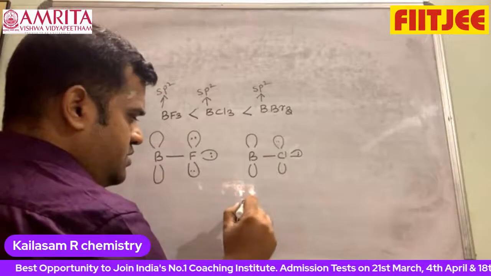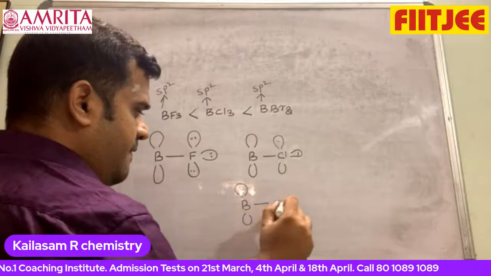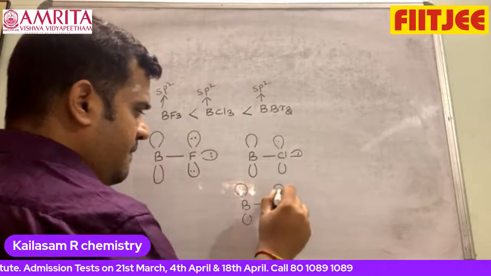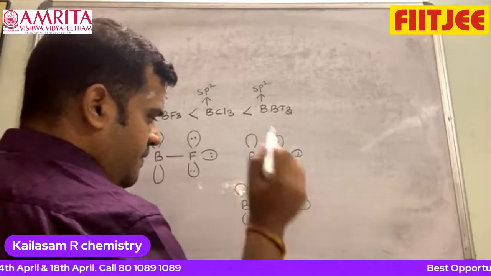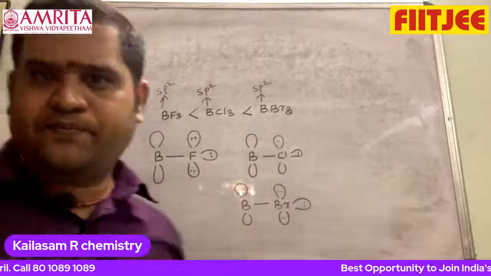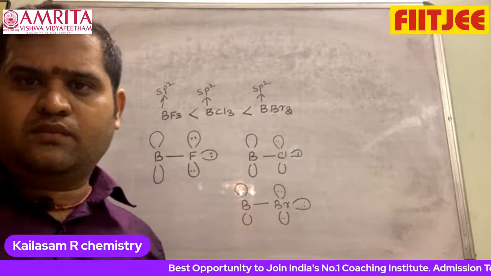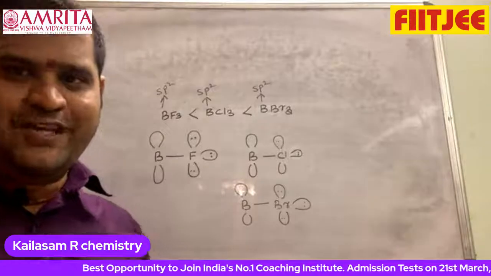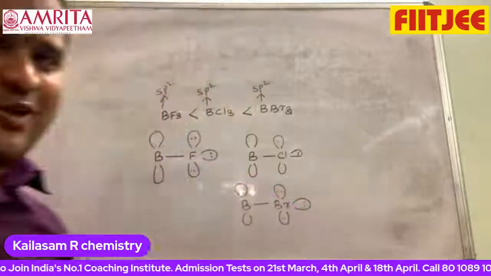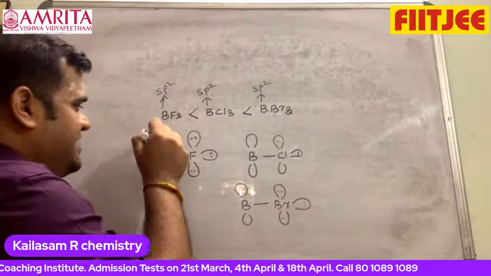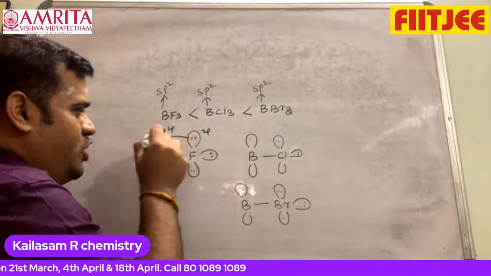Now, look at this. Observe that. I told you the order, BBr3 is the strongest Lewis acid. How am I going to say that? Look at that. This I can say is 2p, this also is 2p, therefore 2p-2p overlap.